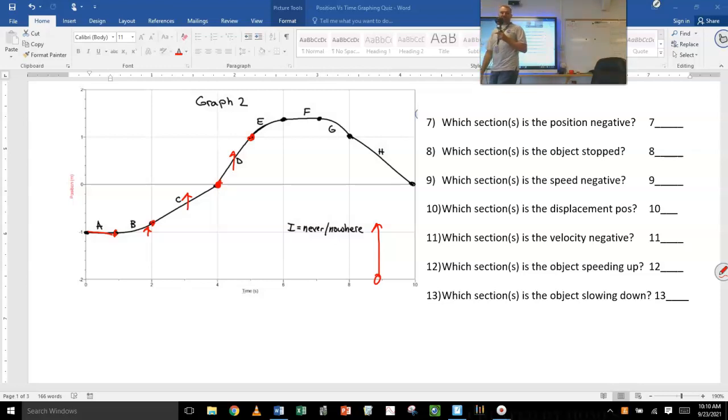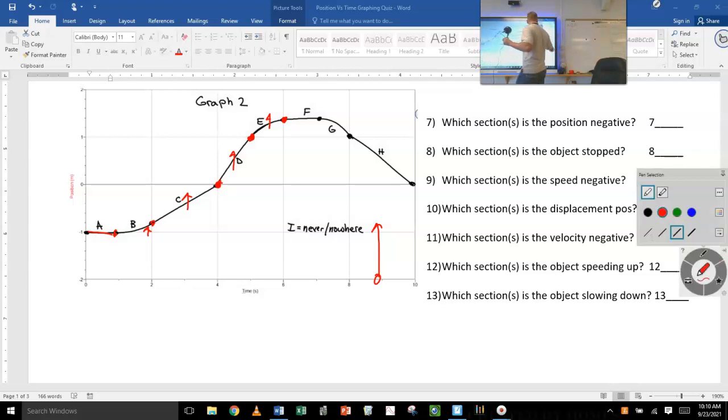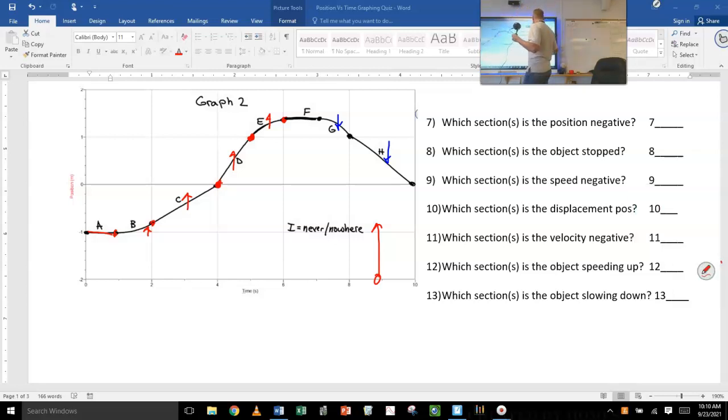You're definitely getting more positive. At E, you're going from 1 to 1.5, 1.4. F, there's nothing. You're not moving with F. And then G, your position's getting more negative. H, your position's getting more negative. So where's your displacement positive? B, C, D, E.